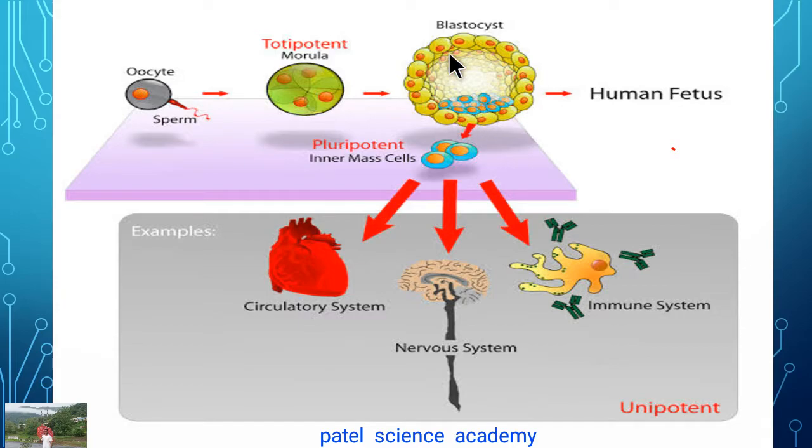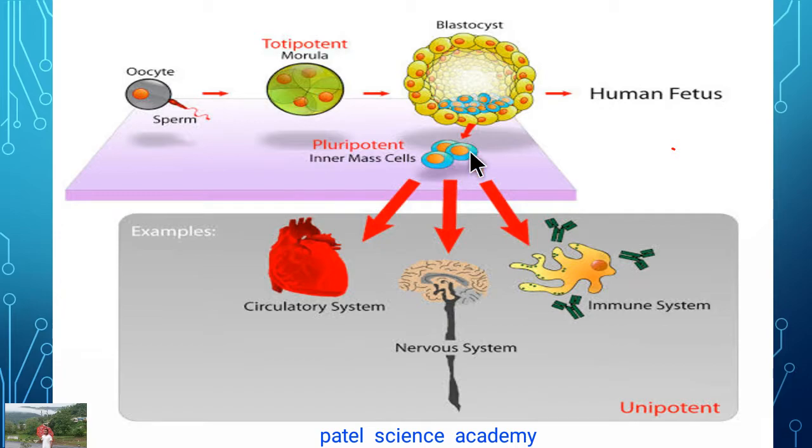The layer in yellow color is called the trophoblast cells. This structure, with an unorganized mass of cells surrounded by this yellow layer, is called the blastocyst. So the morula has converted into a blastocyst because of this totipotency characteristic, because it divides, redivides and differentiates. Now you can see it can convert into the human fetus, and the human fetus will in future be the human body.